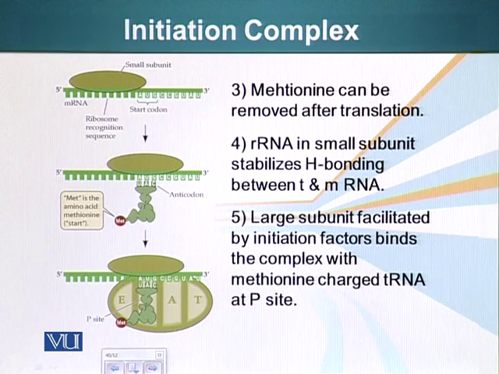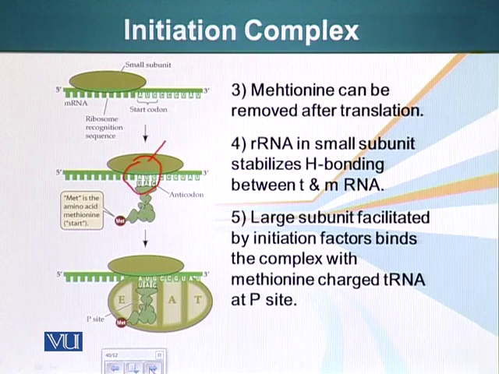The small subunit of the ribosome, which has the ribosomal RNA, stabilizes the hydrogen bonding between the transfer RNA and the messenger RNA. So the ribosomal RNA present here is stabilizing this hydrogen bonding between the codon and the anticodon.